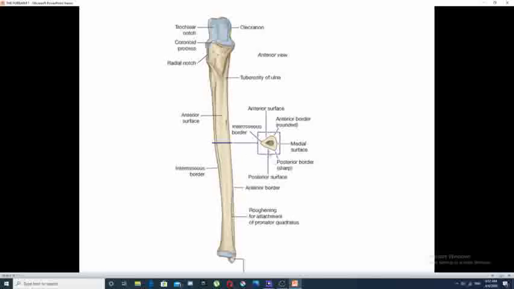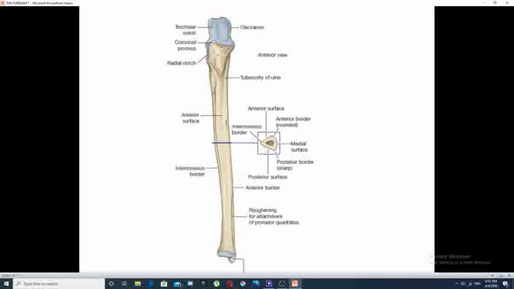It has three surfaces: anterior surface, medial surface, as you see, and posterior surface.